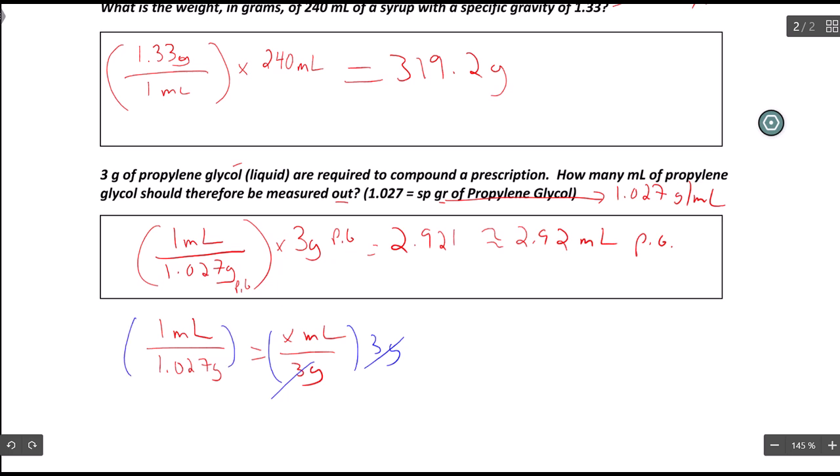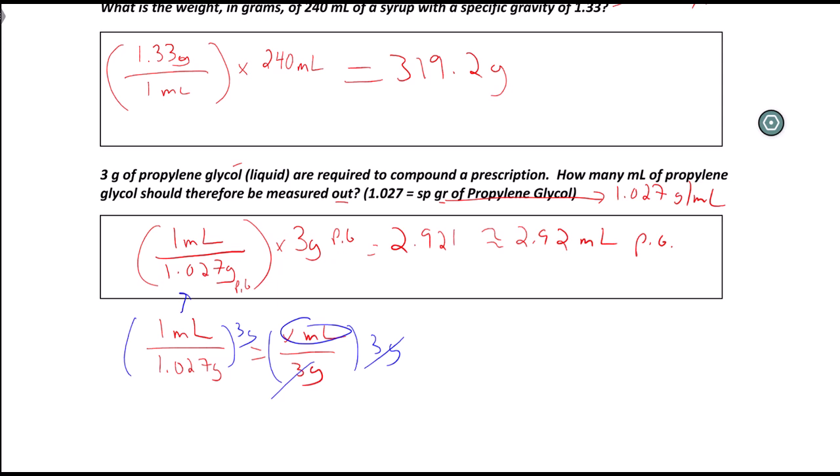This is the exact same thing I just did up there, to get my mLs, just saving the step. Don't get confused. So for these types of problems, I'm putting the unit that I'm looking for my answer on top, and I'm canceling out the denominator unit by multiplying by it.